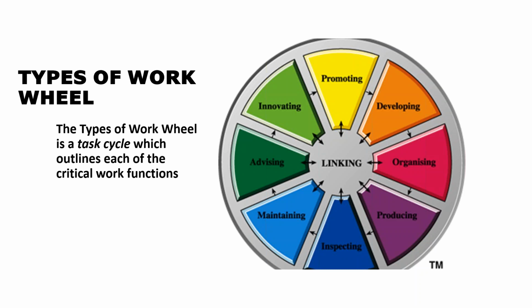And if you do the profile, it shows you where you prefer to operate around that wheel. But what the authors argue here is that all of those 8 tasks are critically important for team success. So the question for you is, where might people be sitting around the wheel, so to speak, and how might you be able to exercise and utilise that more effectively in the performance of your team?